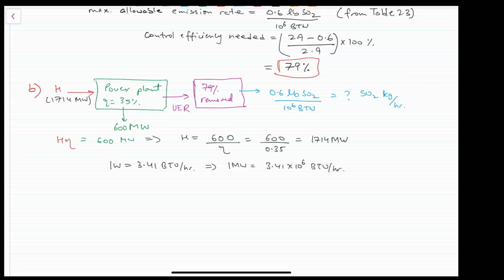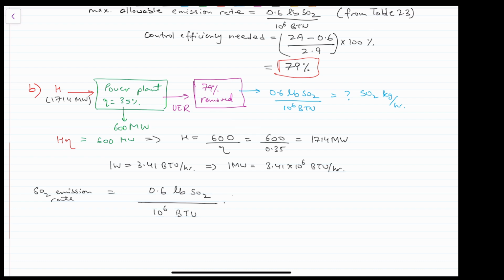Okay, so now we have to calculate the emission rate in kilograms per hour. We know we can emit a maximum of 0.6 pounds of SO2 per million BTUs of heat input. Now what is the heat input we have?